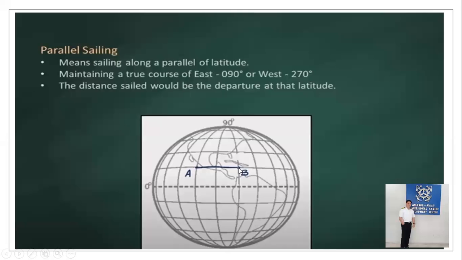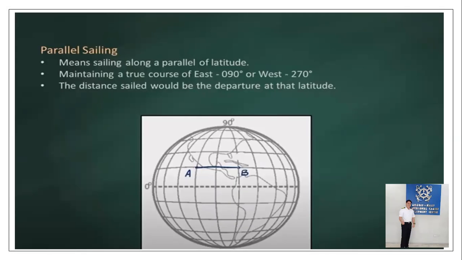It is nonetheless to explain to you that the equator is parallel to wherever you are on a certain latitude. If you navigate or steer a course 090 degrees or 270 degrees, or if your course is exactly 090, you are eastbound, or you are westbound, which is 270.